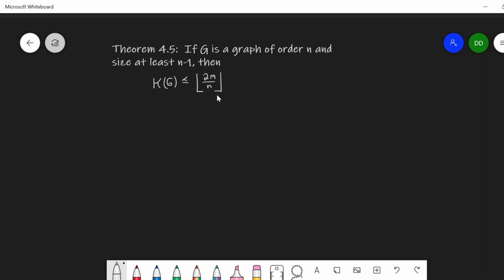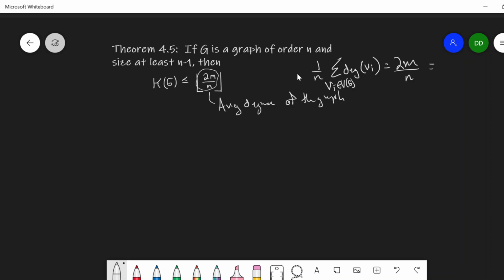I'm going to let you look through this on your own, but I'll say a few things about this term here. It is the average degree of the graph, right? Remember that the sum of the degrees is 2m. And so if I divide this by n, this would be the average degree of the graph. In particular, I'm basically giving you a proof sketch here.